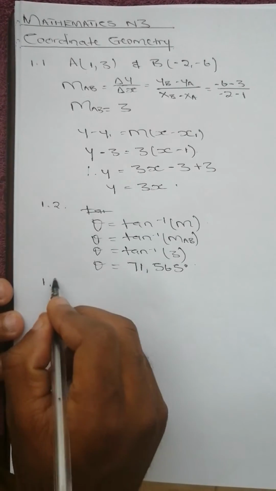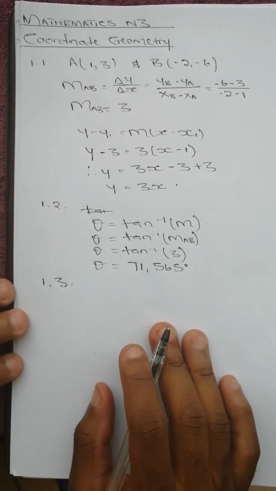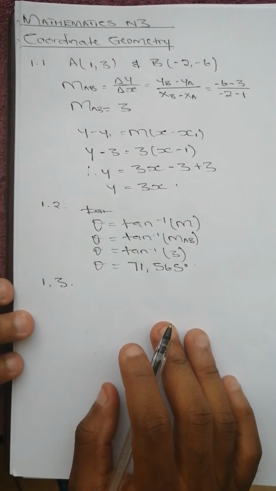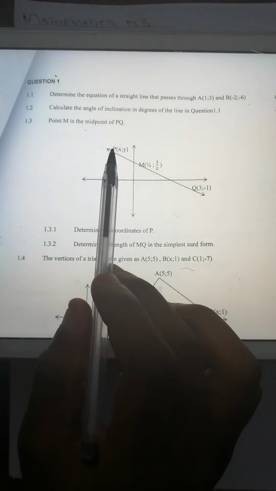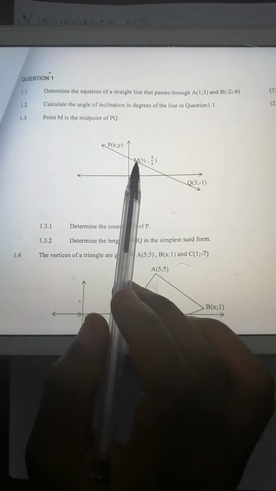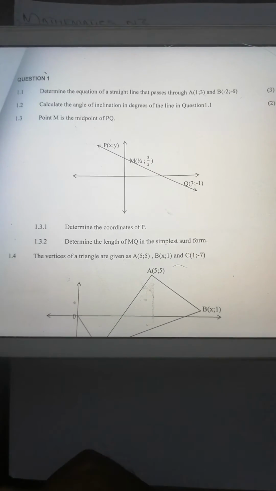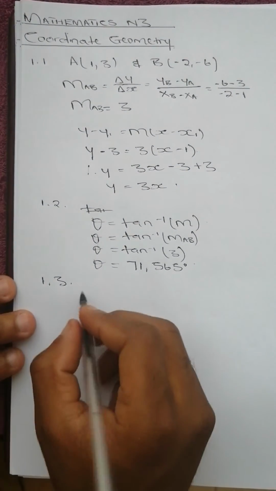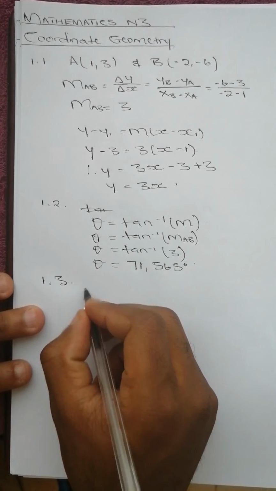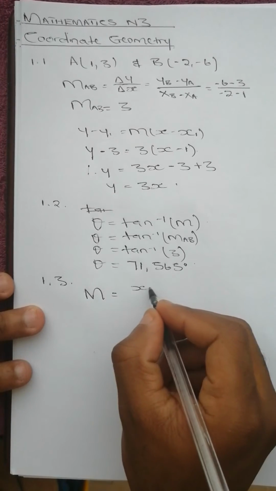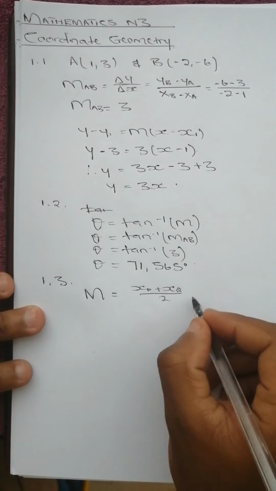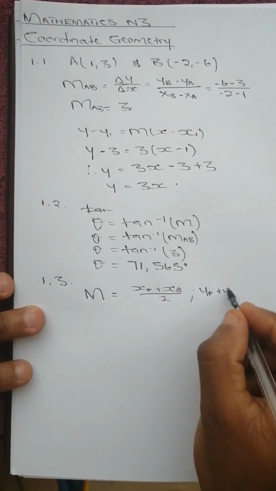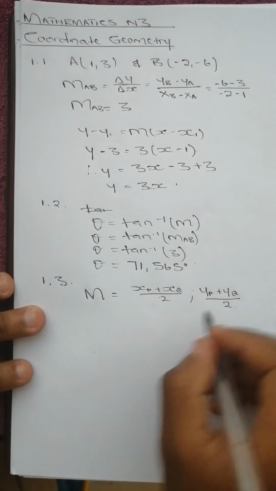Then 1.3, it says determine the coordinates of P. Here we are given P as this point and M as the midpoint of PQ. So we're going to use the midpoint formula to get P. Midpoint equals (x_P plus x_Q) over 2, (y_P plus y_Q) over 2.